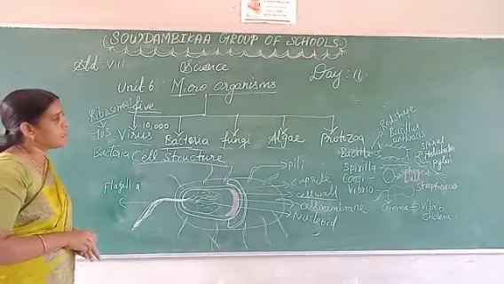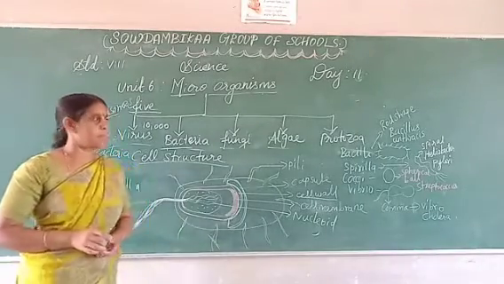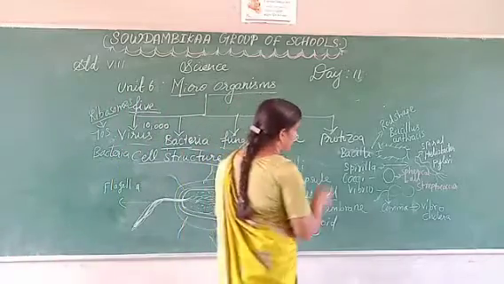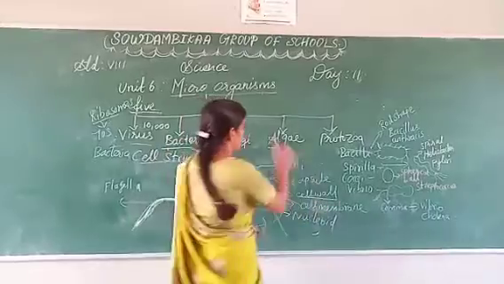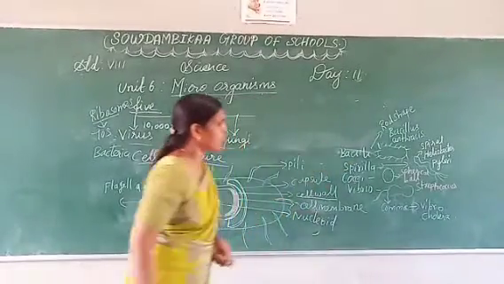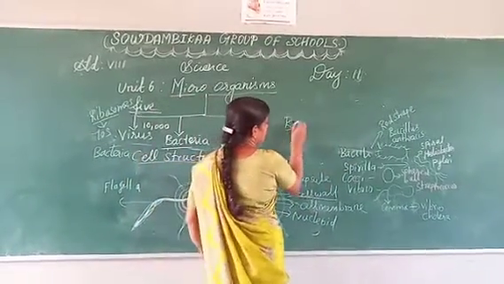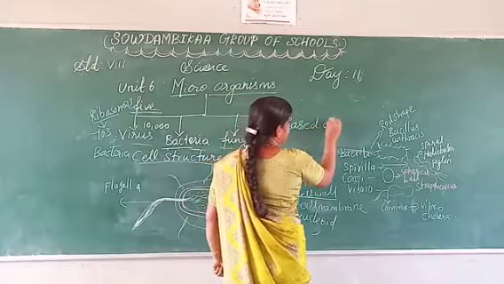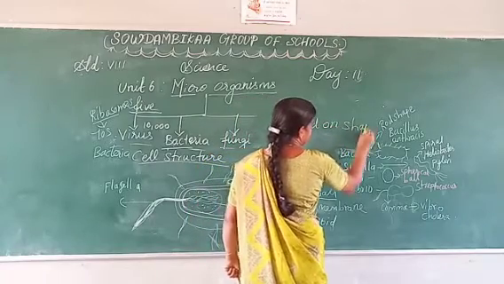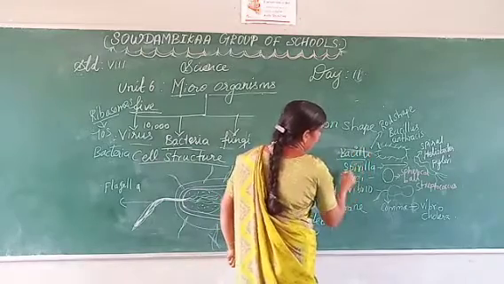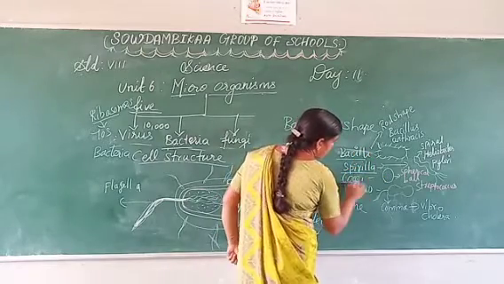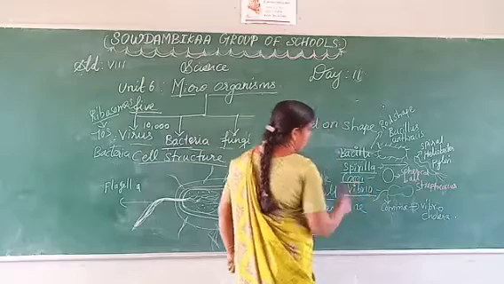Next, based on the shape, the bacteria are divided into 4 types: bacilli, spirilla, cocci and Vibrio.